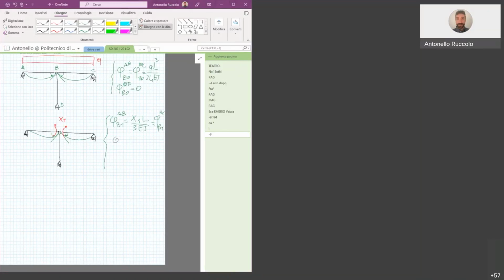Whereas phi B1 in BD is equal to 0. Okay. So far, so good? I guess it is. And then the final one.